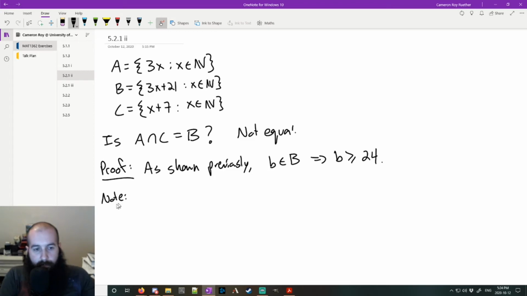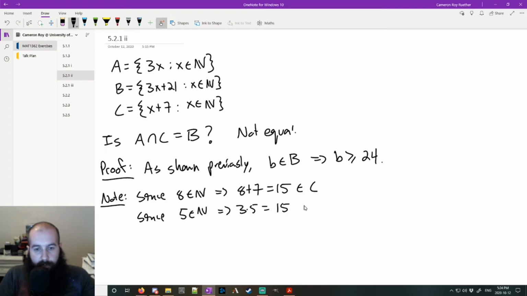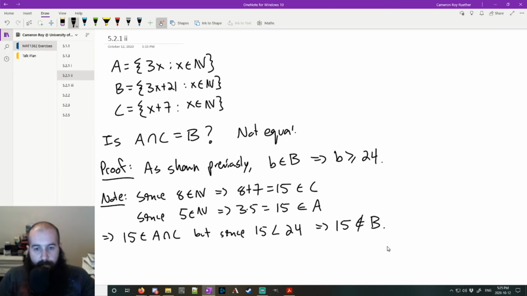Note, since 8 is natural, this means that 8 plus 7, which is 15, is an element of C. And since 5 is natural, this means that 3 times 5, which is also 15, is an element of A. This means that 15 is in A intersect C, but since 15 is strictly less than 24, 15 is not an element of B. So since A intersect C contains an element which B does not, these sets are not equal.